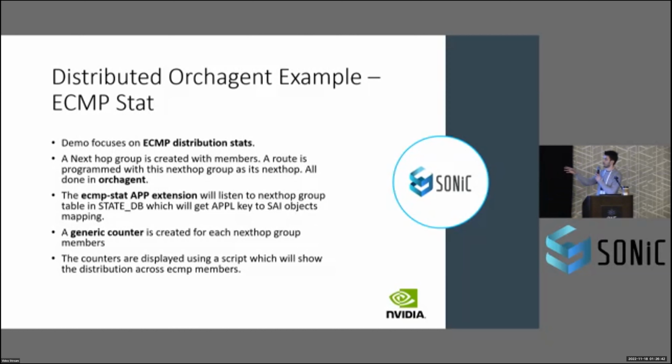We load our ECMP stat app extension to listen to the needed key in state DB, and we create a generic counter, attach it to the members, and then when we print out the statistics, we have all the needed information, like which group and which members we are talking about when we are reading the statistics. So this information will come from the mapping.